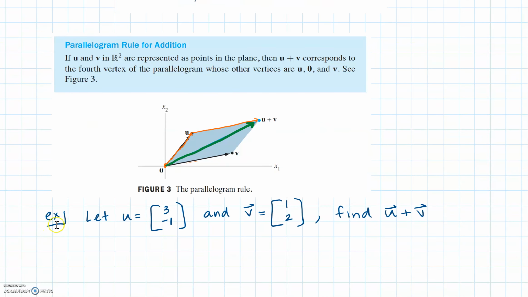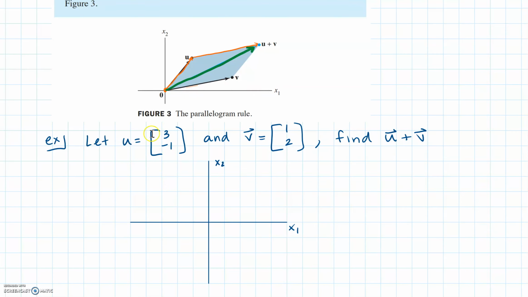So let's look at an example. Let U equal (3, -1) and V be (1, 2). Find U plus V. Graphing these two points in the two-dimensional plane, we get that U is (3, -1) as an ordered pair, and I'm going to represent it as such.